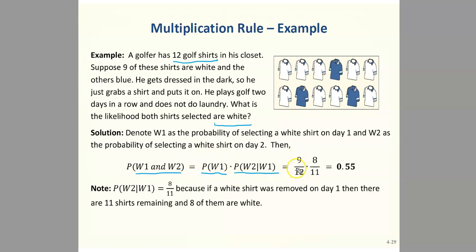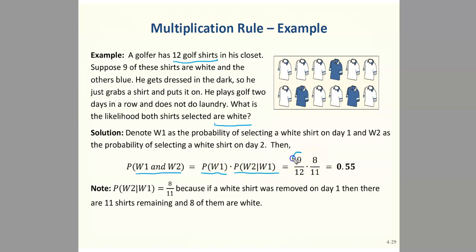Now once you do that, you took one shirt out, so now you only have 11 shirts left. 8 of them are white and 3 of them are blue. So the probability of getting a white shirt on day 2 is then going to be 8 out of 11. Once again, because you took a white shirt out, you only have 11 shirts left with 8 of them being white.